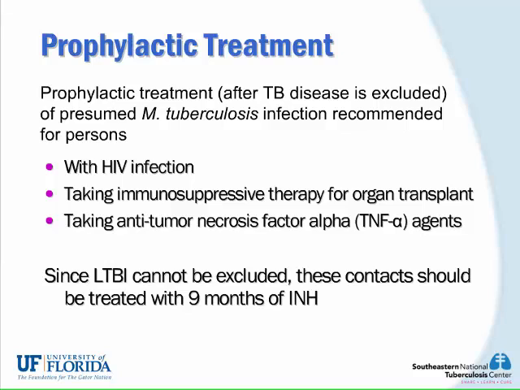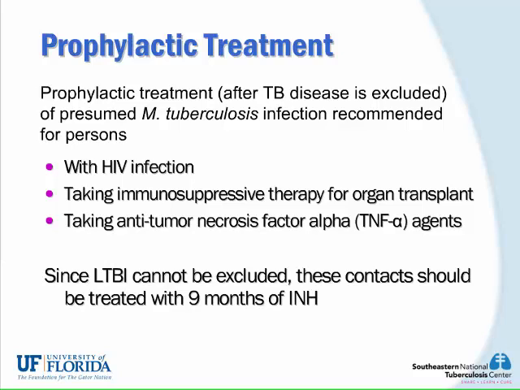So that includes persons with HIV, persons taking immunosuppressive therapy for organ transplants, and persons taking anti-tumor necrosis factor alpha agents. Because in these patients, the interpretation of the TST or the IGRAs is questionable because they may be anergic and not able to respond.